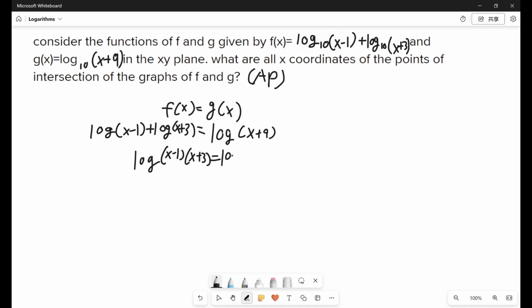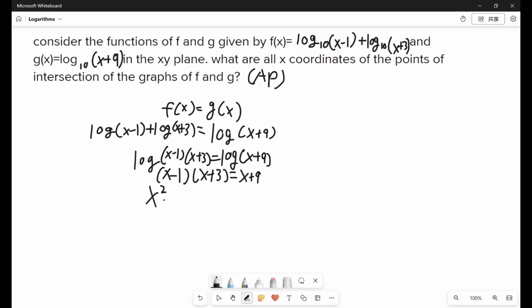And that's equal to log base 10 of (x plus 9). Now these two logs have the same base, meaning that the numbers inside are the same. So we can write this as a simple equation without any functions. That is equal to x plus 9.